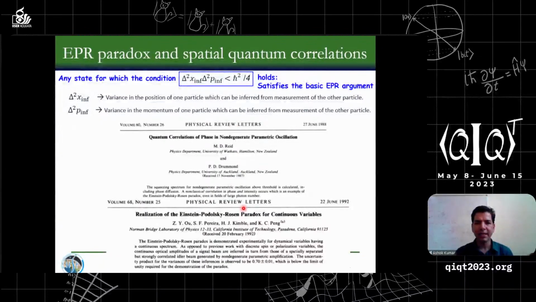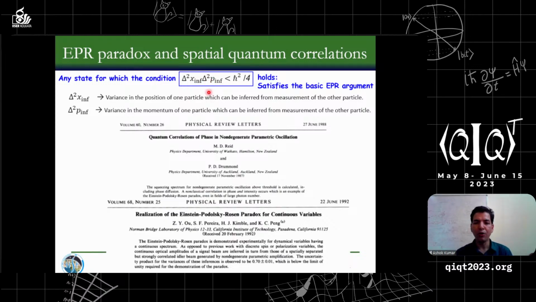The experimental verification of this kind of scenario in continuous variables, along the spirit of EPR, was demonstrated by Jeff Kimble and his group in 1992. In that experiment, instead of looking at position and momentum, they looked at the quadrature operators of the field.